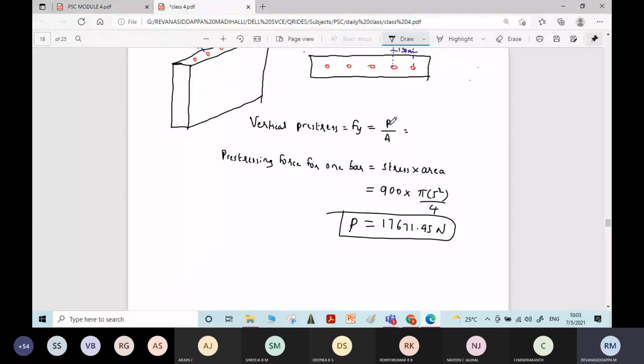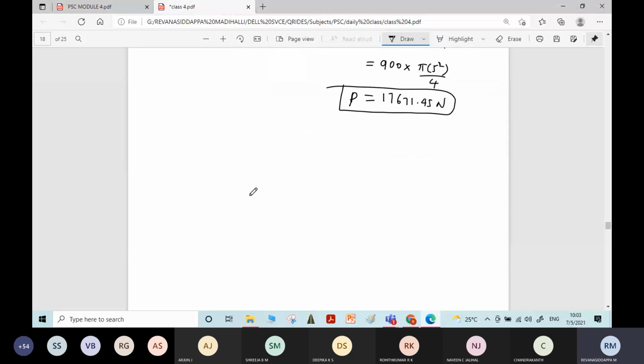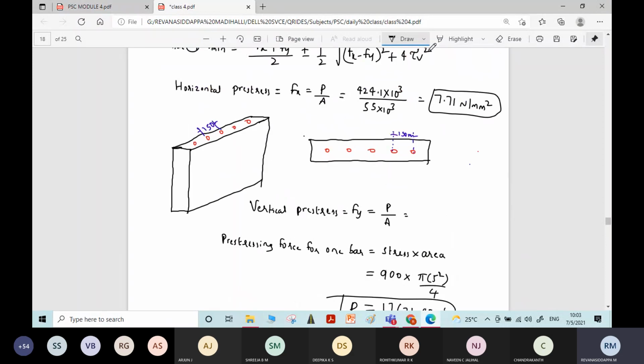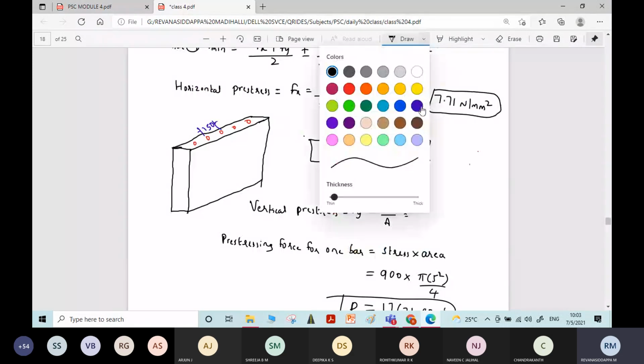Now we will calculate the area of cross section under one bar. A equal to, see, this is the plan which I have written.